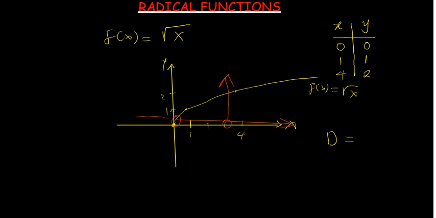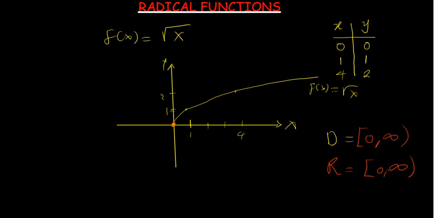Notice that we don't have any negative x value and we don't have any negative y value. So we are only concerned with the positive part. Therefore the domain is from 0 up to infinity. Notice that we are including 0 here because of that point. Same, the range also is from 0 up to infinity. So we are starting from this point going like that, that's the range. And starting from this point going like that, that's the domain. Alright, so that is the first function we need to understand.